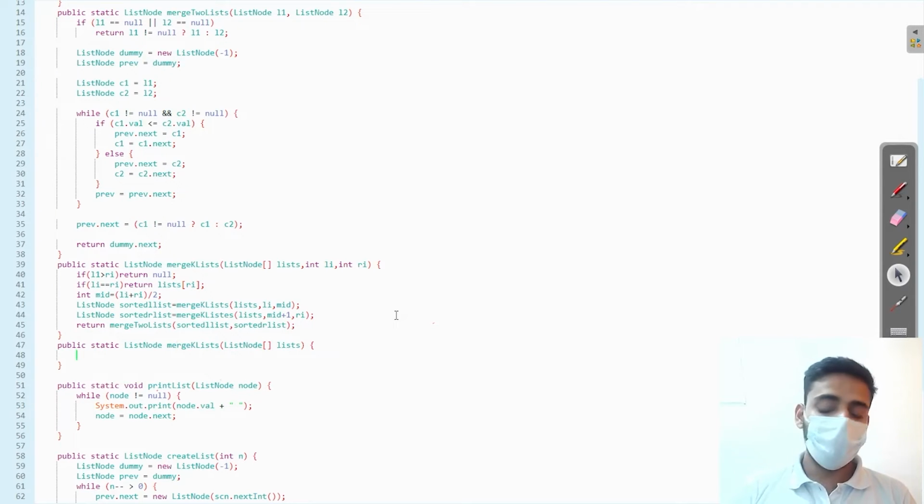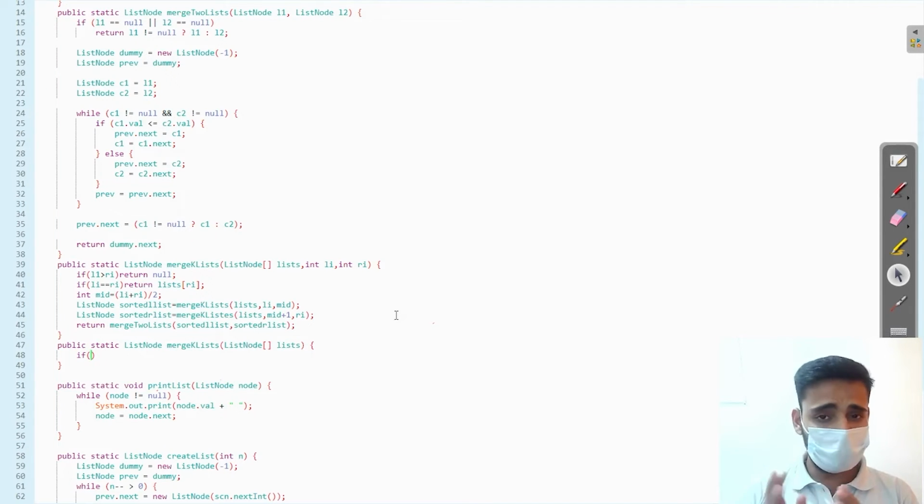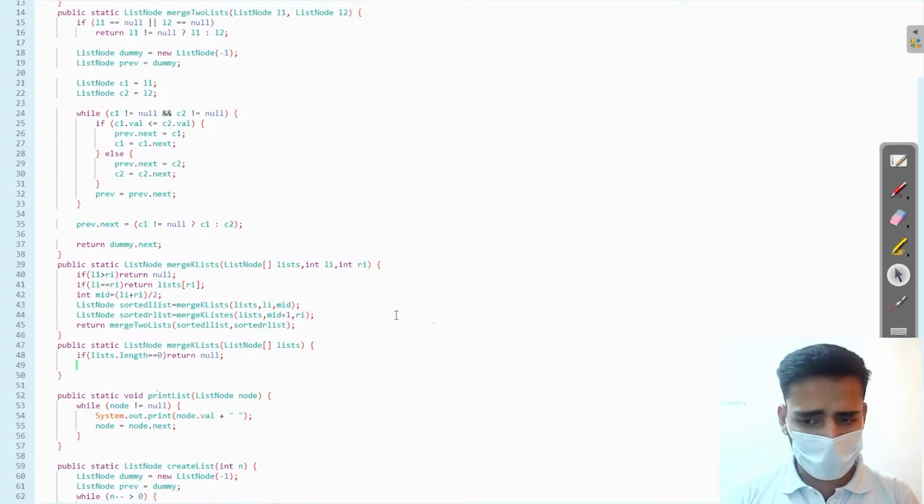Also, if lists dot length is equal to 0, we have to return null, and if it is not, we just have to make the call. So what do we have to return from here? We have to return merge k lists.